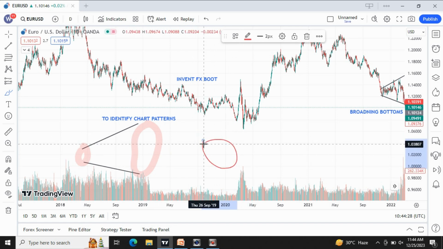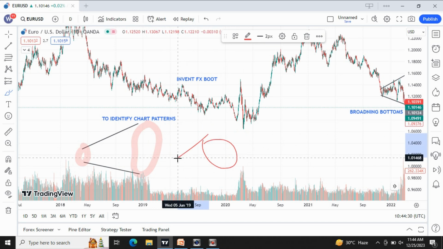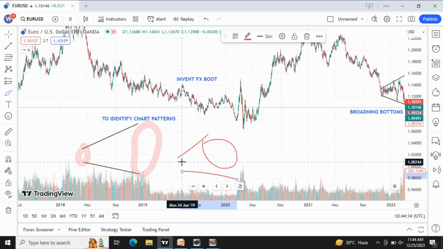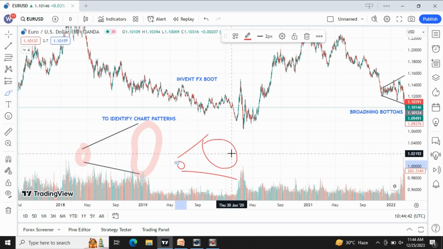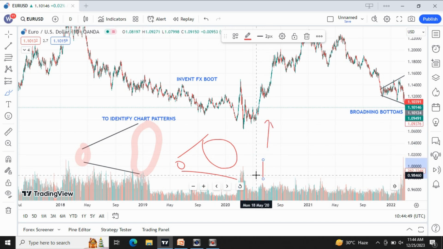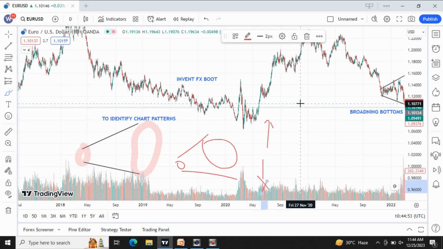If you don't know them very well, you may get yourself into trouble by setting trades against them. This broadening bottom is a reversal or continuation pattern. It may lead to reversal, and it may at the same time be a continuation pattern, but in the short term it is bullish in reversal. So what do we mean?